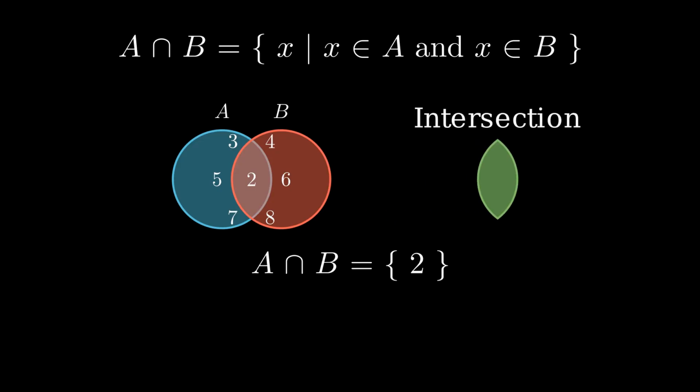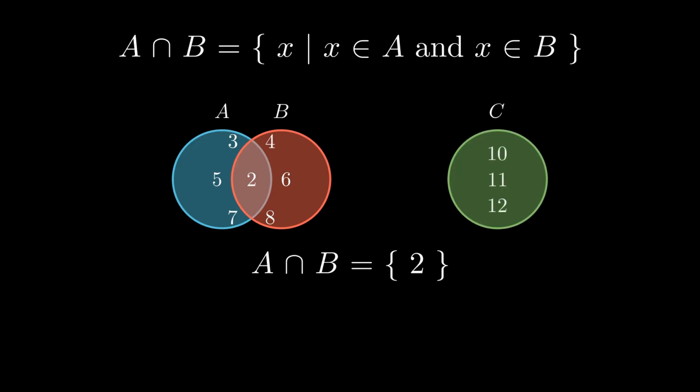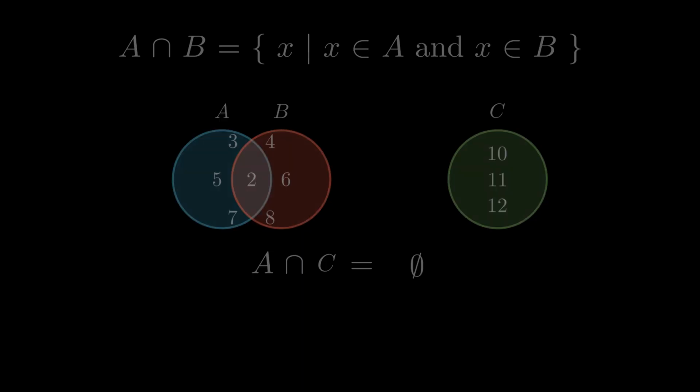Now say we have a set C, which is the set 10, 11, and 12. This has no overlap with either A or B, so if we calculate the intersection, we get the empty set. When this happens, we say the sets are disjoint sets.